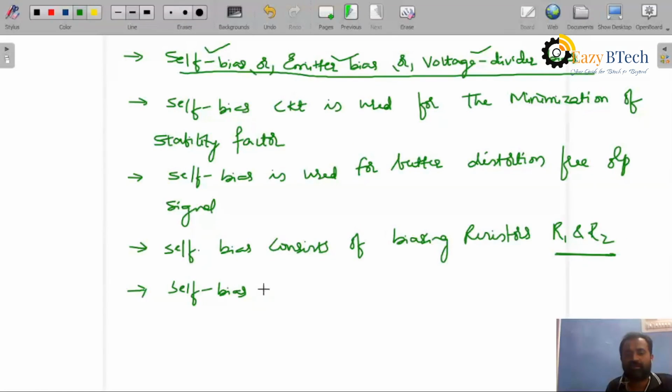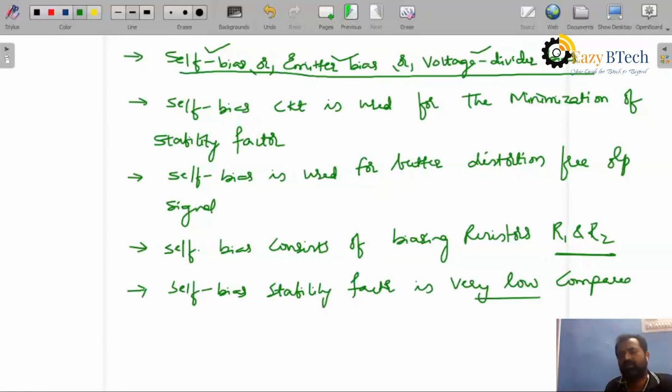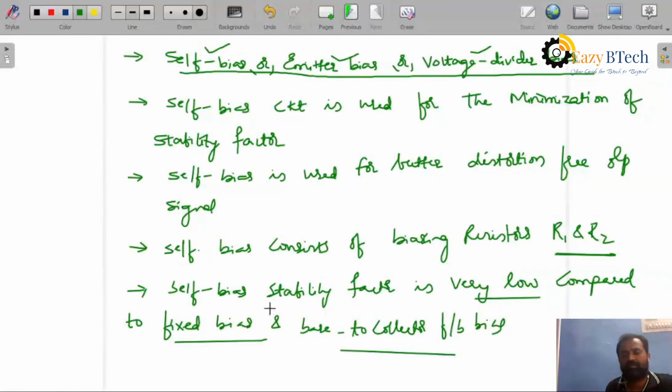The self bias stability factor is very low compared to fixed bias and collector to base feedback bias. Okay students, now we will see the circuit diagram.